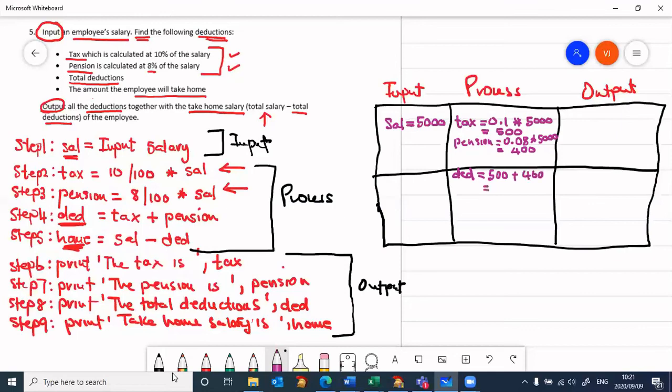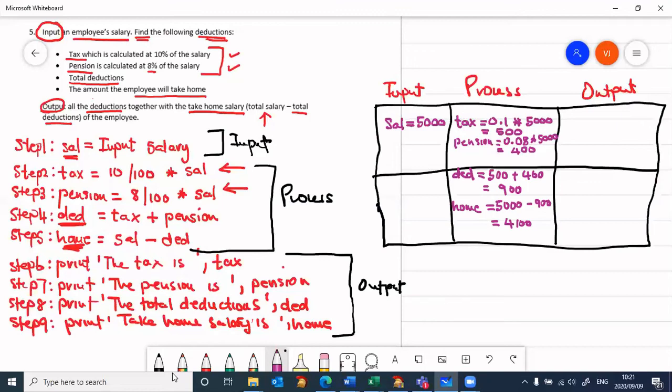That gives me a total of 900. And the take home will be the salary minus the deductions. So the salary is 5,000 minus the deductions, which is 900, and this is 4,100. So I've calculated the tax, pension, deductions, and the take home.